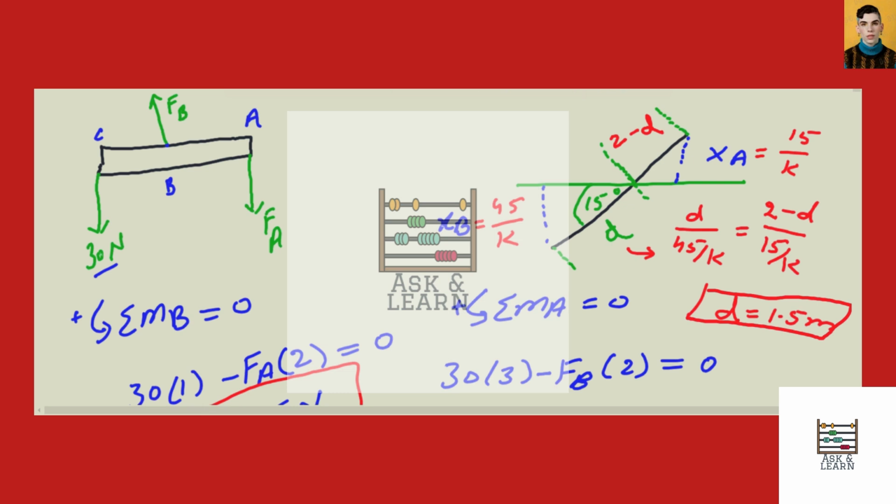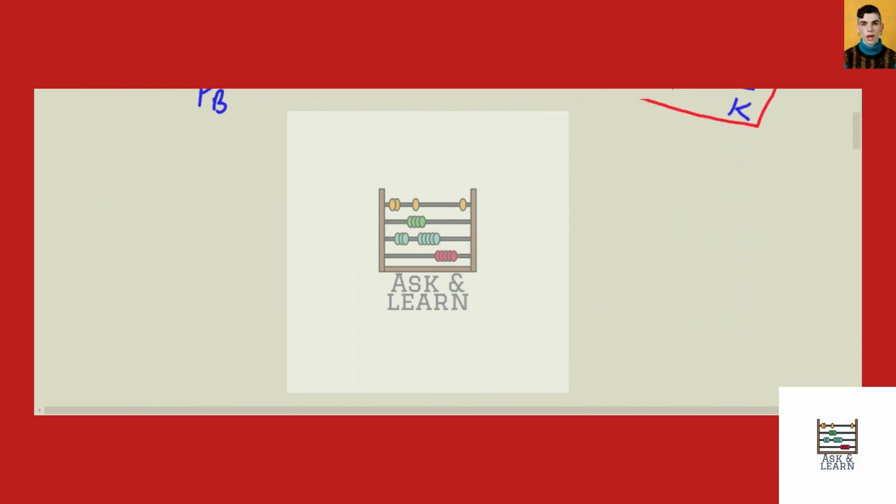And this 15 degree angle is given here. So we need to find the stiffness of the spring. The stiffness of the spring: the 15 degree angle gives sine 15 degrees equal to 45 divided by k, all divided by d.